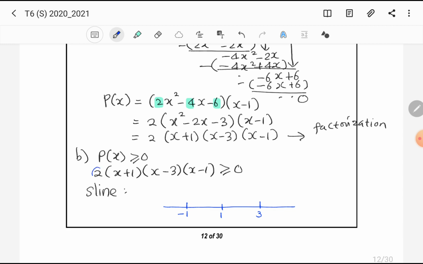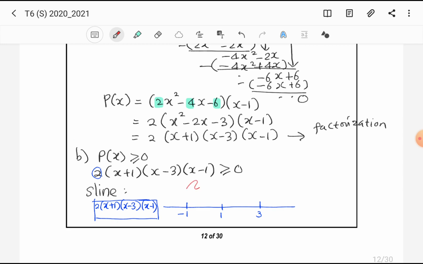We cannot get x from 2 lah. Okay. So now awak masukkan dalam kalkulator awak. Apa yang nak masukkan? 2 times x plus 1, x minus 3, x minus 1. Okay, awak masukkan dalam kalkulator. Okay. Masuk dalam kalkulator.